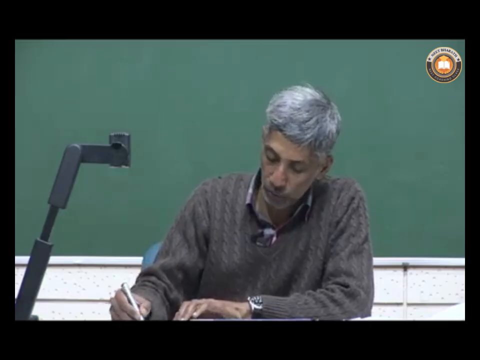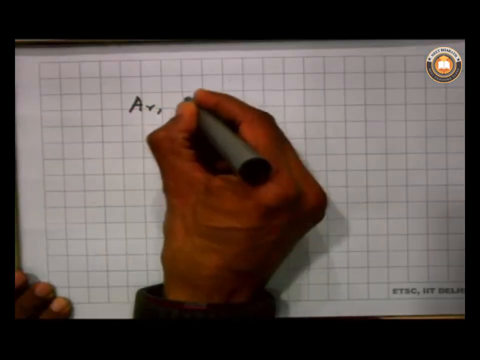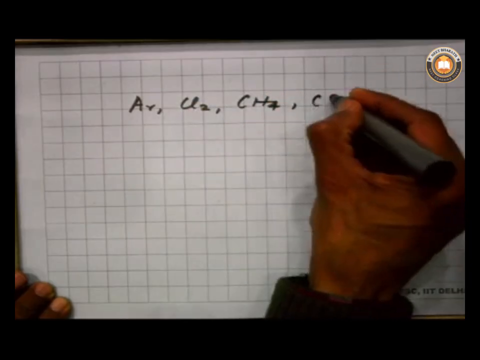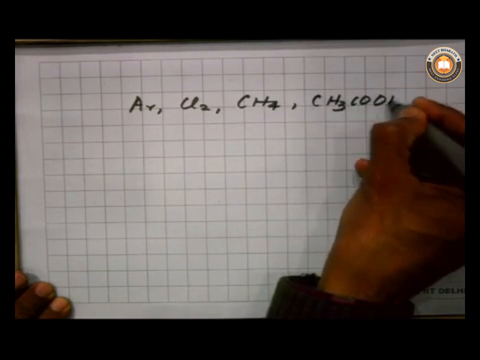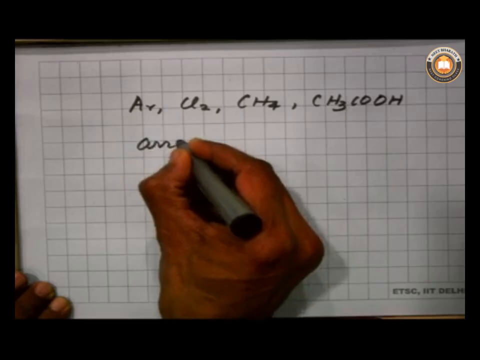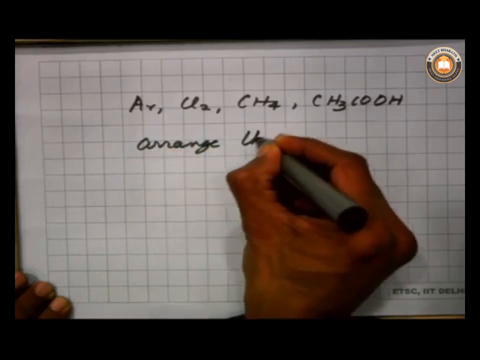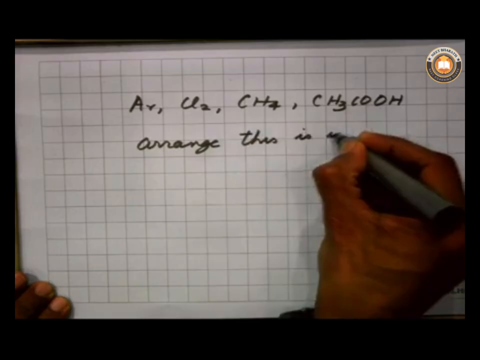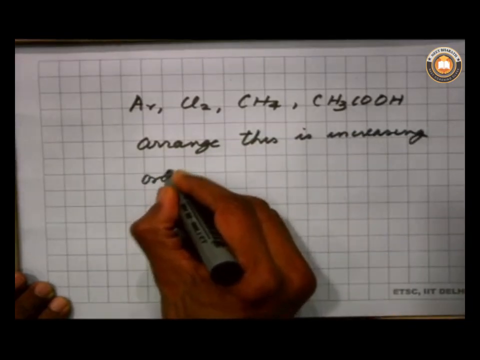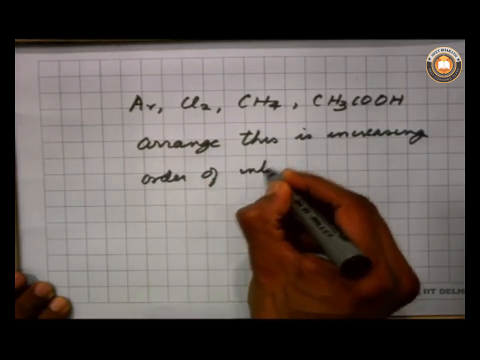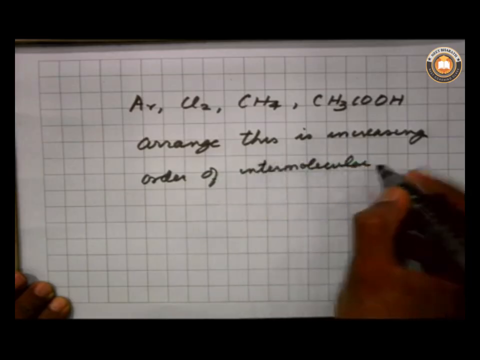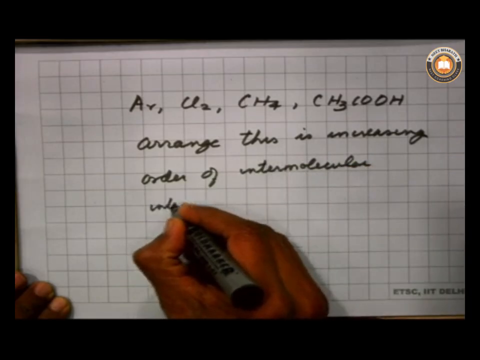So, here are 4 substances: argon, chlorine, methane and acetic acid, and we would like to arrange this in increasing order of intermolecular interactions.